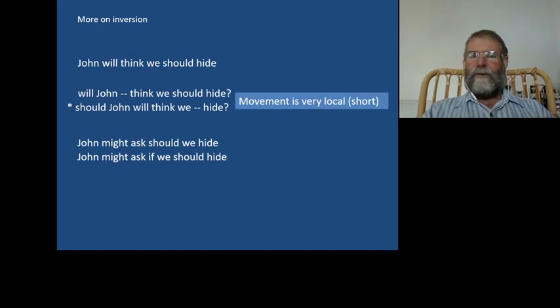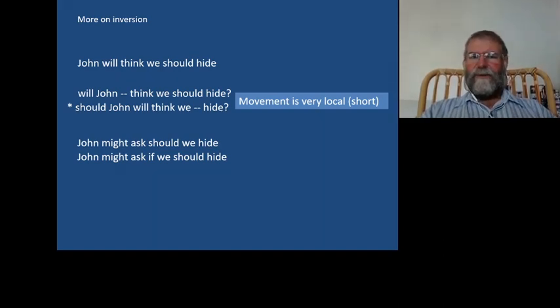Now, we refer to the first case then as direct speech. So the embedded clause says that this was something that was actually said. The second case is of indirect speech. We're saying this is the content of what was actually said rather than these are the actual words.